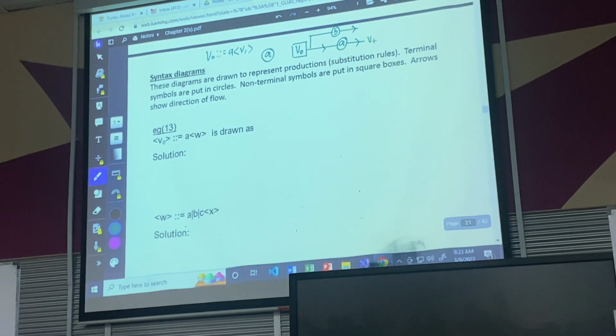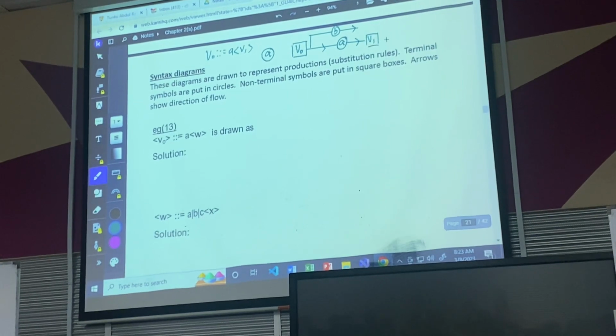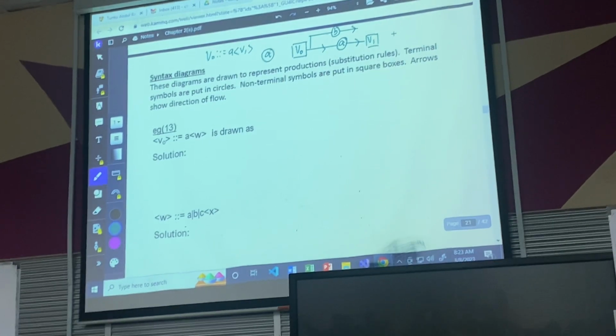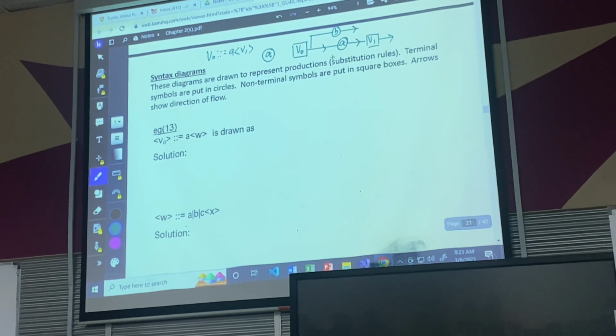You just draw the V1 like this at the back of A, and then go to the right. This is for the syntax diagram. We follow straight away the substitution given. If V0 substitutes with A V1, then you just draw like this.